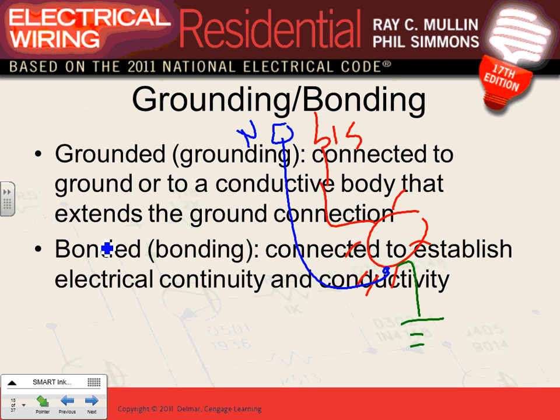So now you've got your second one, the neutral. Now, to work efficiently and safely, we grab the ground, and instead of going to the ground rod, the frame of this box, we take it from here to another terminal called ground. And that's how you get your single phase system. Hot to make the system work, neutral to make it work efficiently, and ground to make it work safely. Does that make sense? In a single phase system.